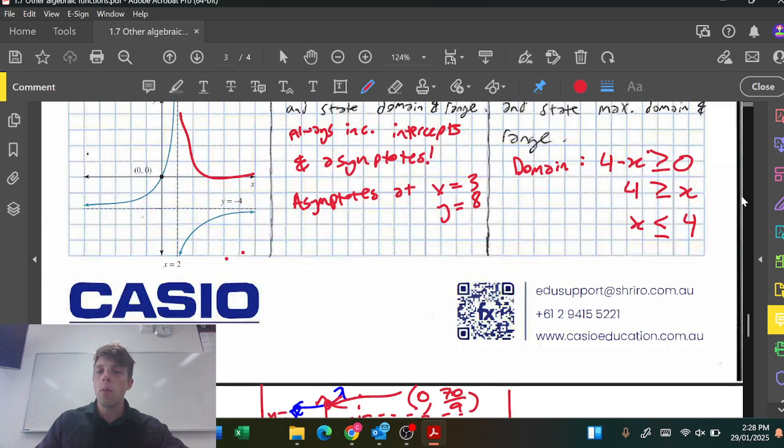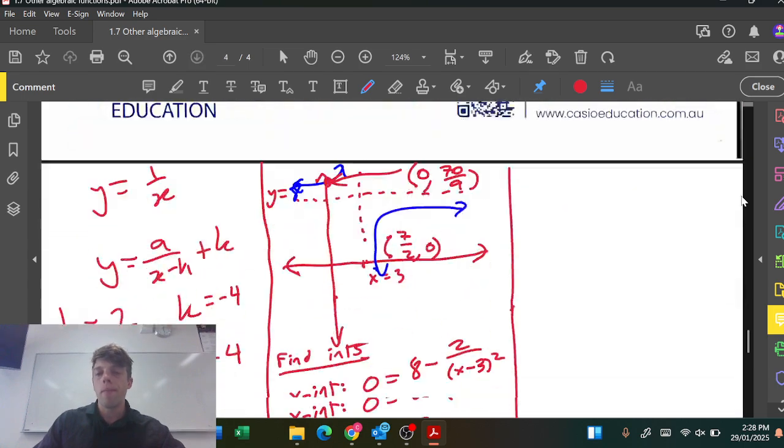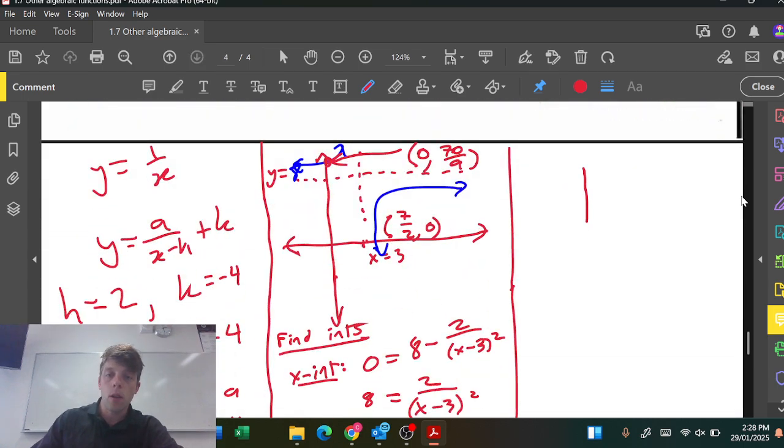The endpoint occurs at, well, remember, it's of the form y equals a times square root of x minus h, plus k. The endpoint occurs at 4, -1. So 4, -1 is somewhere here.